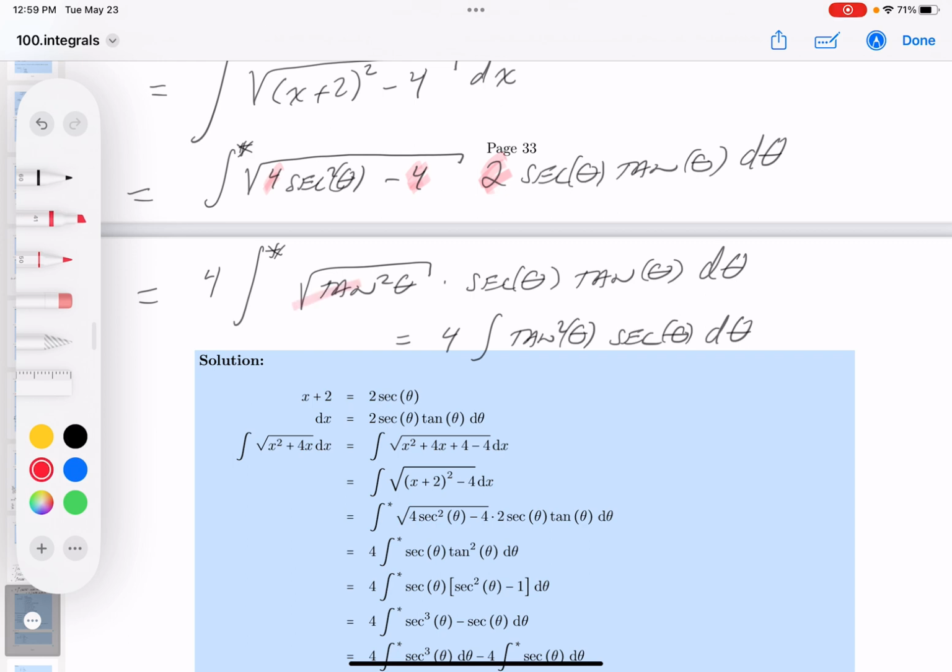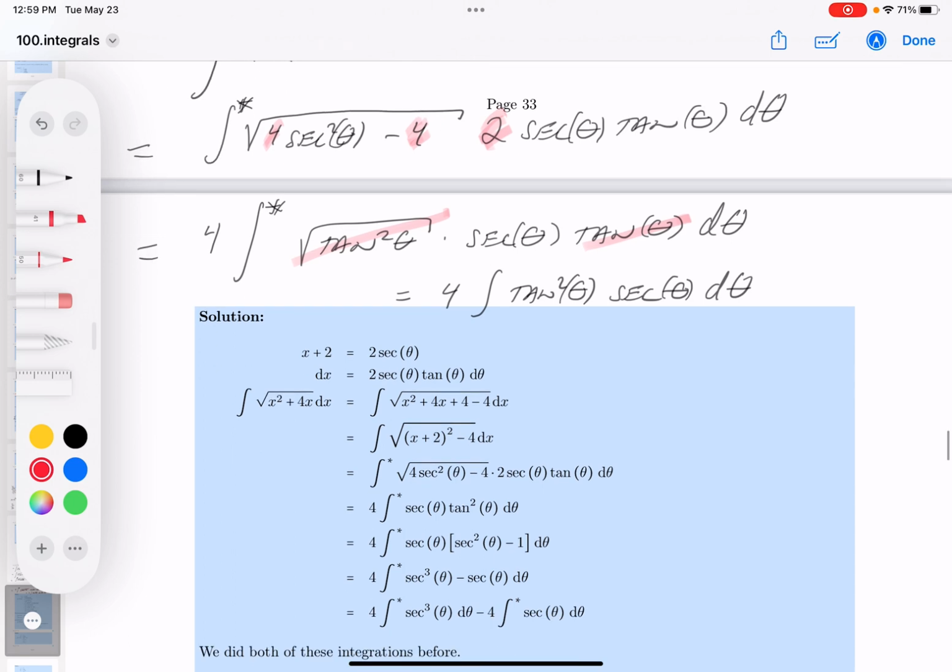Again, repeat what I did over here. I combined those two and I got a tangent squared out of it. And let's take a look at that. Well, I guess I would write the tangent in terms of secants now. I'll put that down for you. My star here. That's 4.